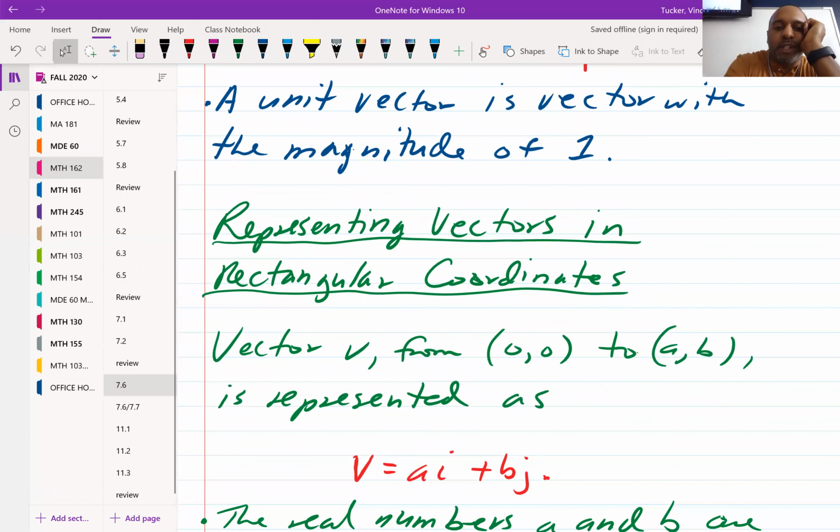All right, so representing vectors in rectangular coordinates. So vector V, if we're talking about going from 0, 0, 0, which is your origin, to any coordinate, we're just saying generically AB is represented as AI plus BJ.